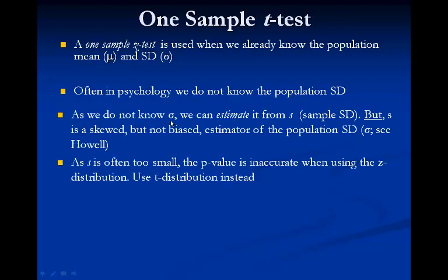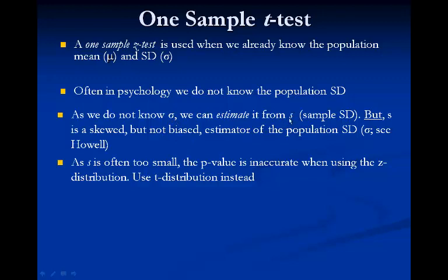But as we don't know it, and it's represented with a Greek sigma, lowercase, we can estimate it from S, which is the sample standard deviation. Notice sample statistics are usually denoted by their equivalent in the standard alphabet to the Greek letter.